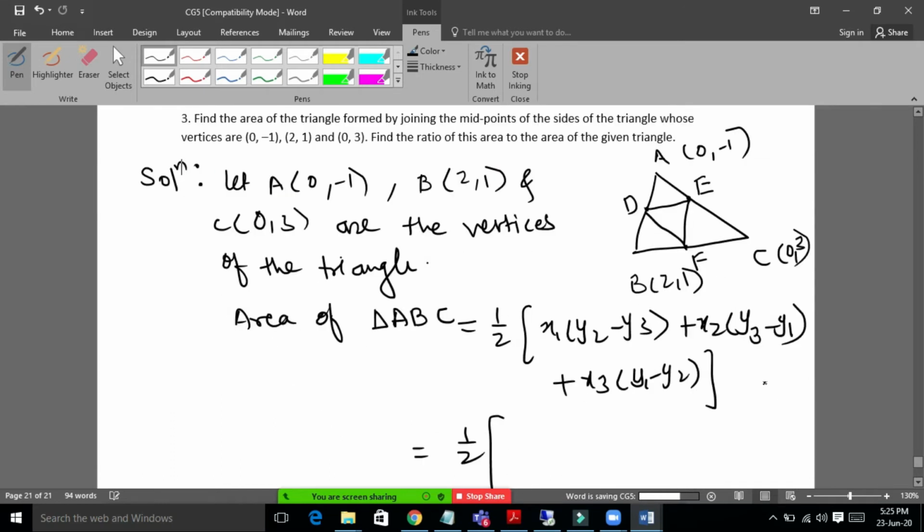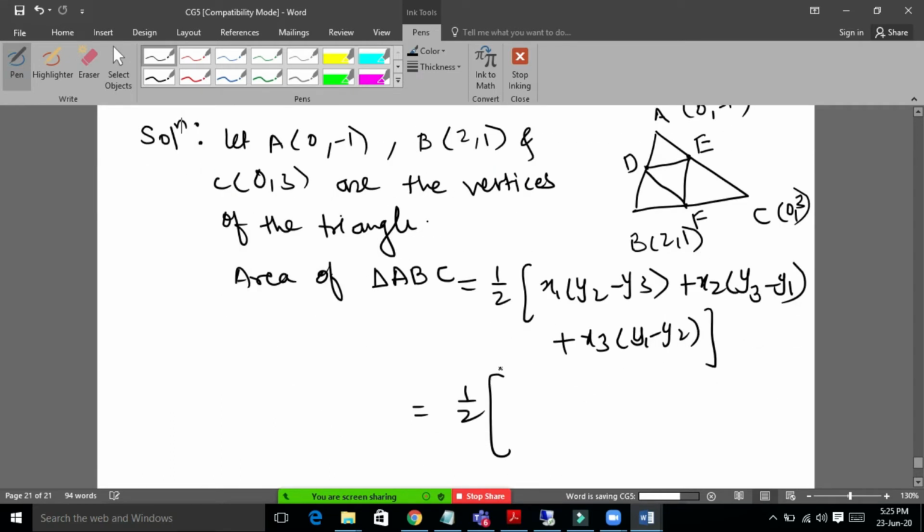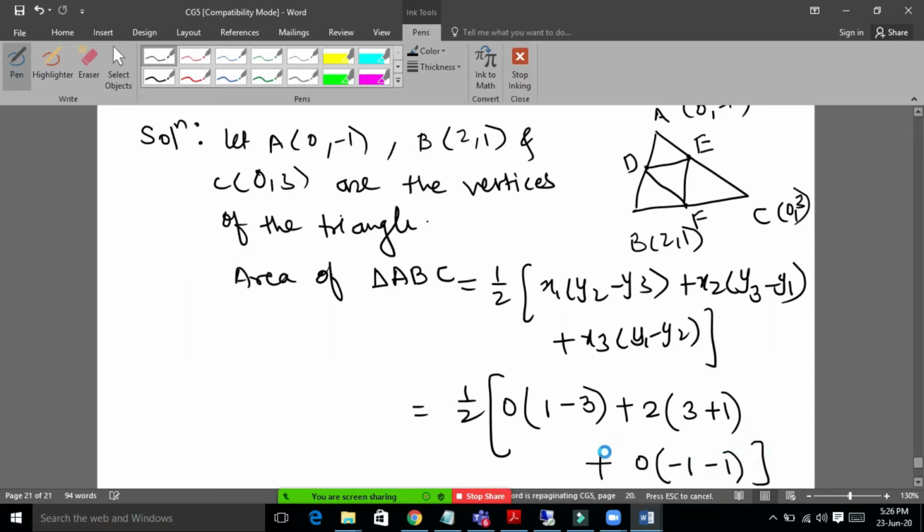Now A is (0, -1), so we have to substitute values. So 0 into (1 - 3), plus 2 into (3 - (-1)), so it becomes plus 1, plus 0 into (-1 - 1).